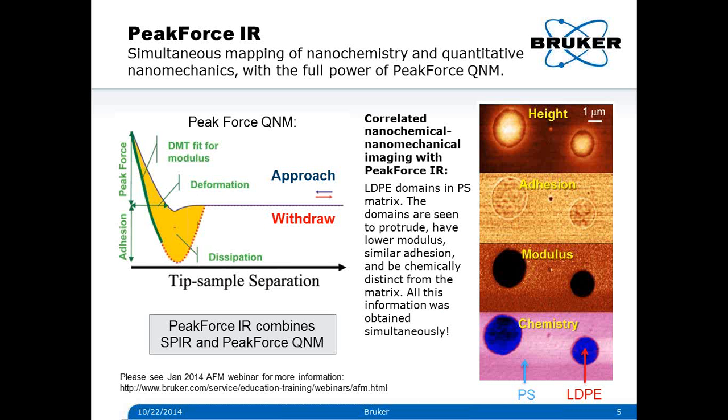Now, on the next slide, I want to emphasize that we can combine the SPIR technique of Inspire with the Bruker exclusive PeakForce technique, which gives you nanomechanical information. And the way it is done is shown here in this scheme. So at each point you actually measure the approach curve and the curve that you get when you withdraw your tip.